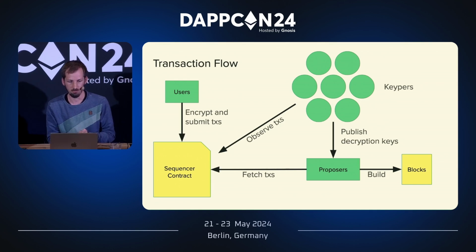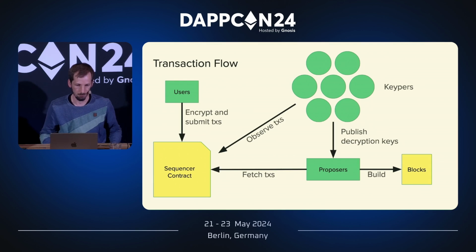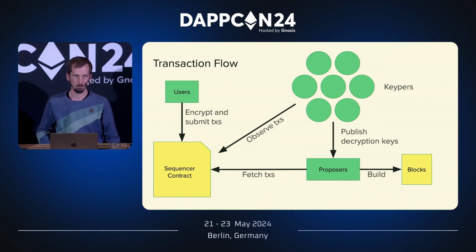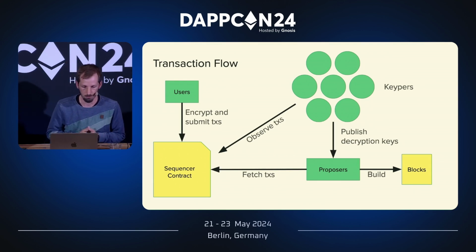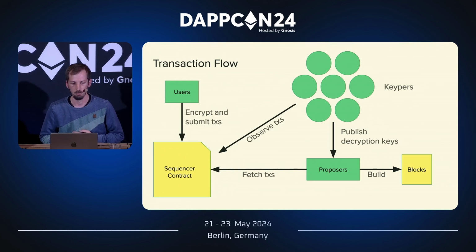The order in which these encrypted transactions appear in the sequencer contract determines the order in which they are executed as well. And since the sequencer contract only sees encrypted transactions, we already know that there's no chance to front run or use private knowledge to order them.